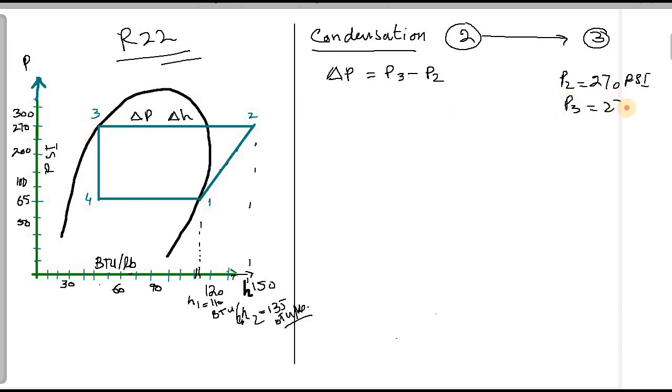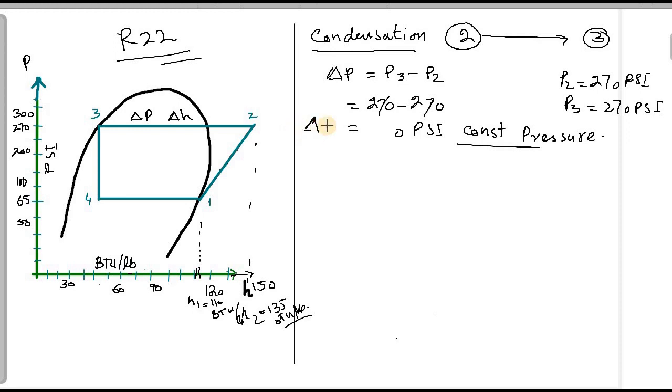Now, according to this formula, 270 minus 270, so the result will be 0. And 0 psi means that there is no change in pressure during this process. The value of 0 shows that this is our constant pressure process.